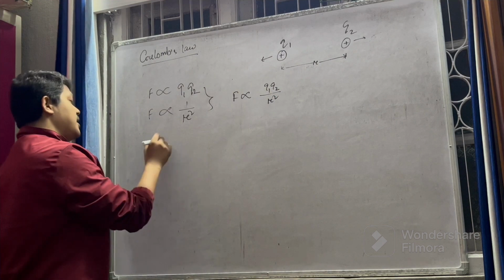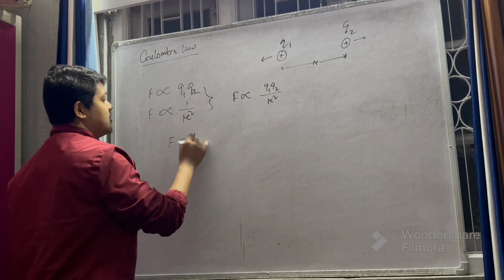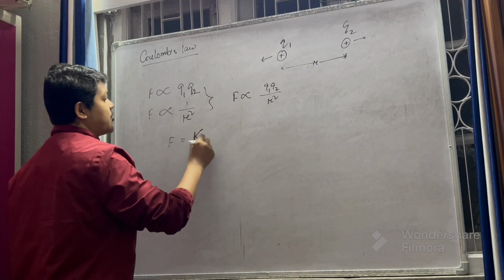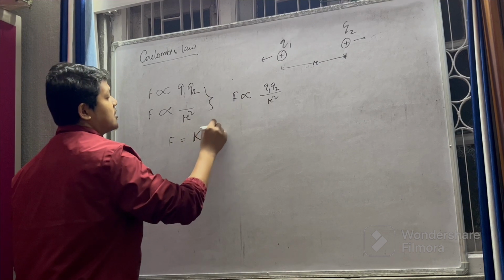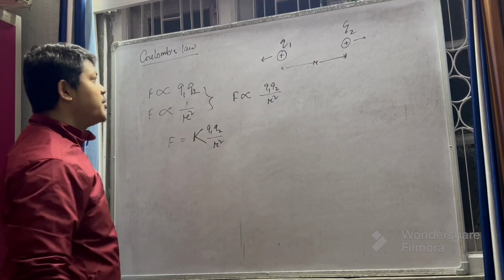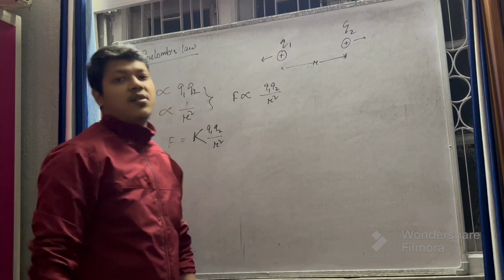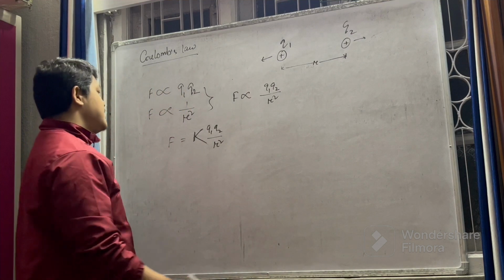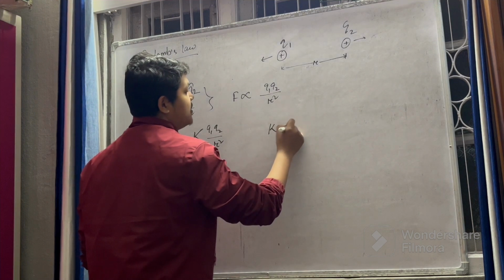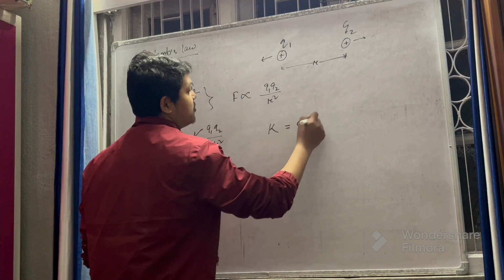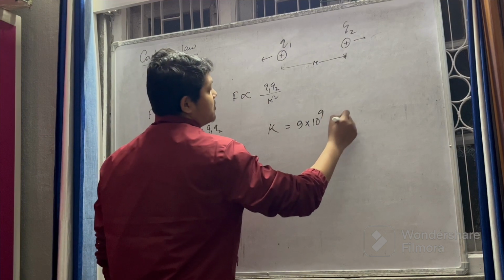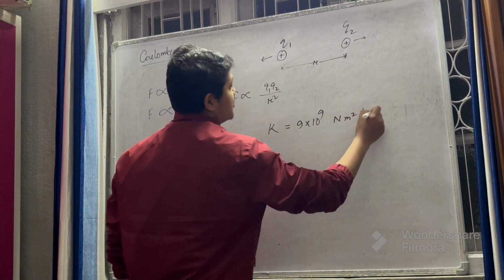In order to equalize, we need a constant K, which is known as the electrostatic force constant: F equals K Q1 Q2 by r square. If you keep these two charges in air, free space, or vacuum, then the value of K is 9 into 10 to the power 9 Newton meter square per coulomb square.